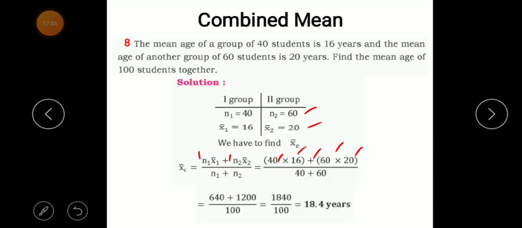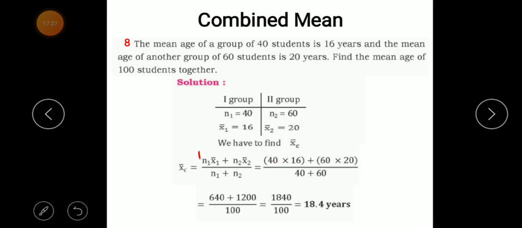Whatever brackets are there, you have to solve first, then add up. So you will get the answer as 1840 divided by 100, that is 18.4 years. So this is how we have to solve a combined mean problem. This type of problem can come in your examination, so just note this down.